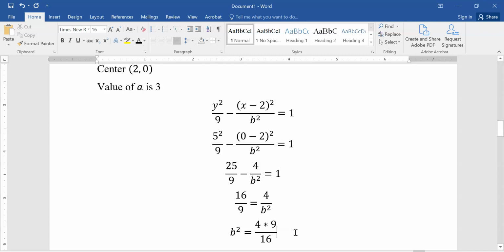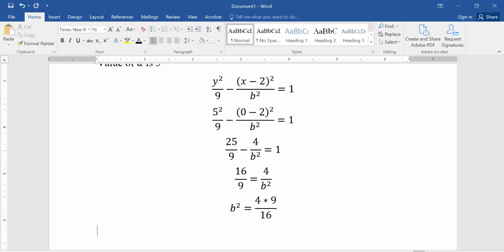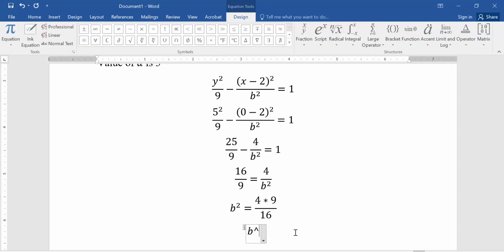So 4 times 9 is 36 over 16, which as a simplified fraction gives you, I believe, 9/4. So b squared should be 9/4.